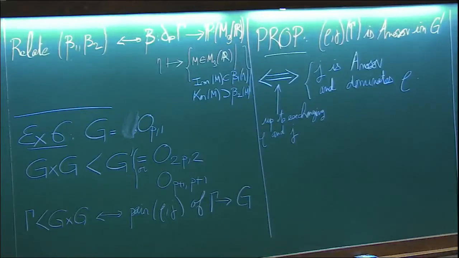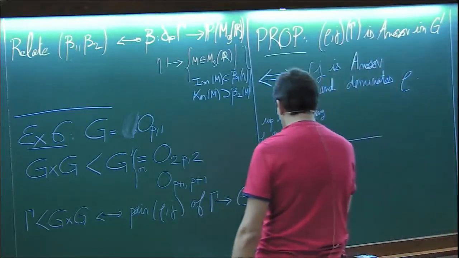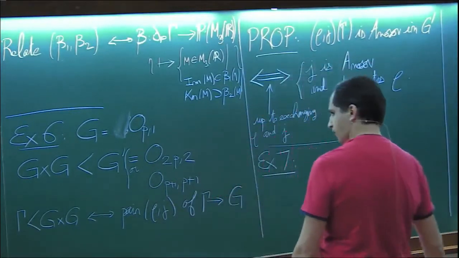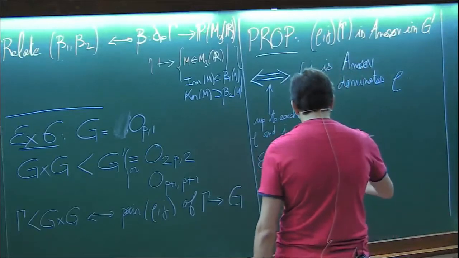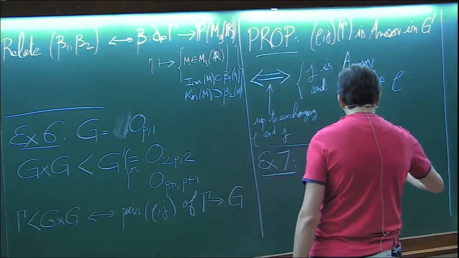And the last examples that relate with surface group representation is what is now called Hitchin representations.